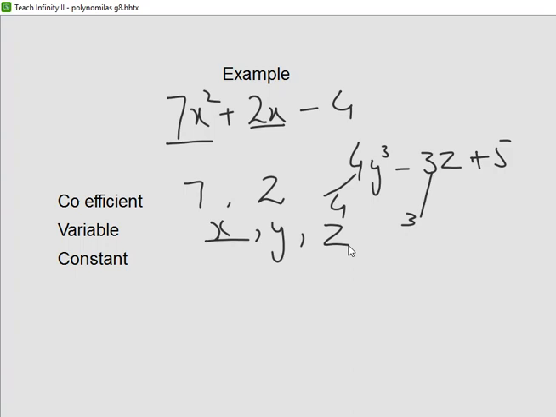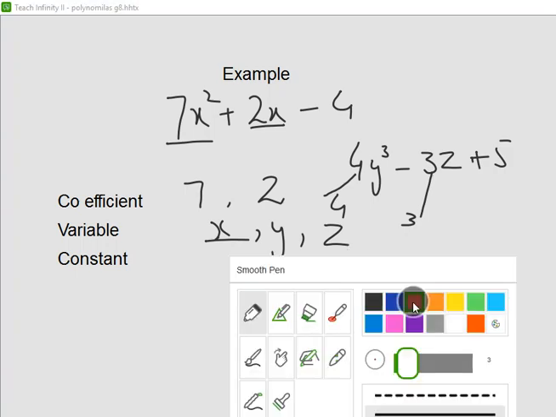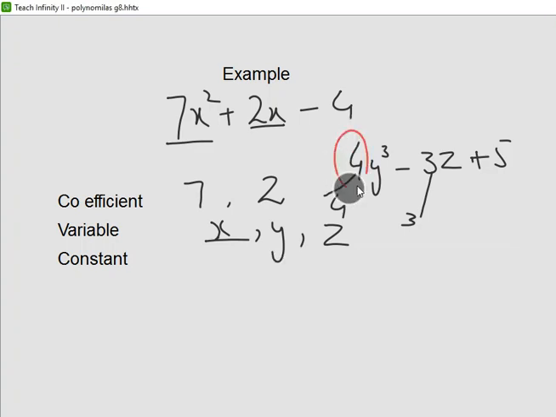In the first example, x is the variable, and in the second example, y and z are the variables, while 4 and 3 are coefficients. Here 7 and 2 are called coefficients.